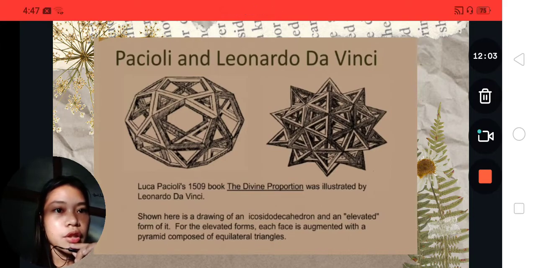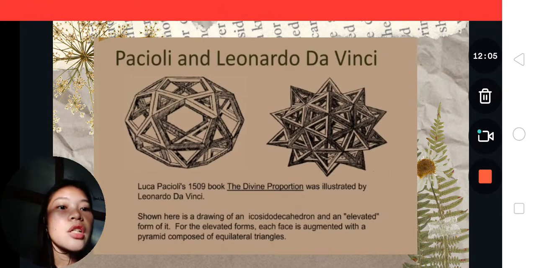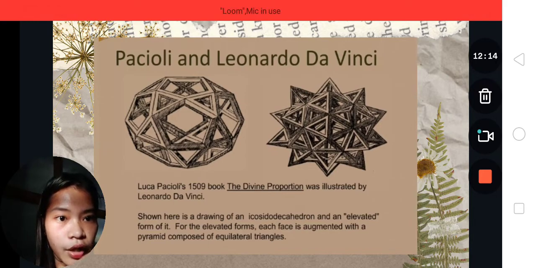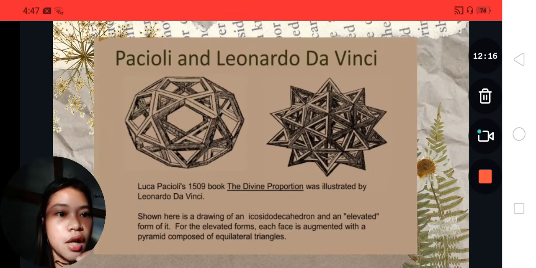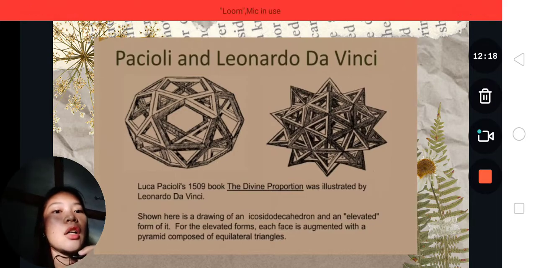Leonardo da Vinci's drawing here is what is called an icosahedron elevated. So, the book of the Divine Proportion.